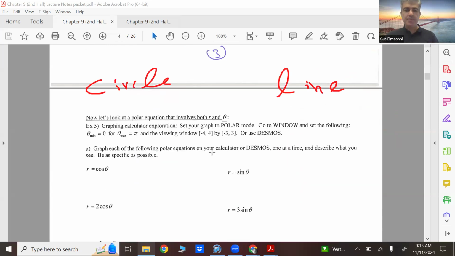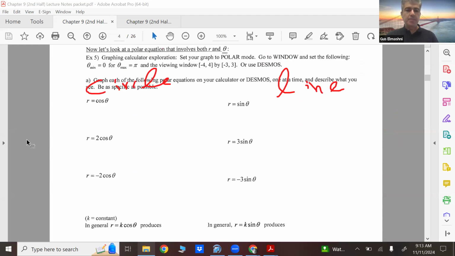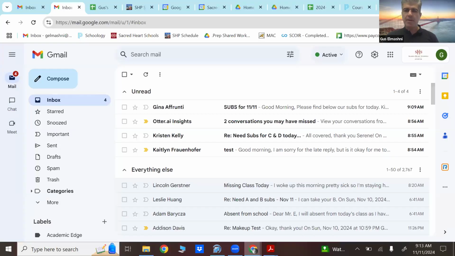Okay, let's keep moving, guys. All right. Okay. So we could actually graph this in Desmos. It might be better, I'd say. I don't know if I'd want to use the TI-84 calculator. Desmos is a little faster. So let me pull up Desmos right now.